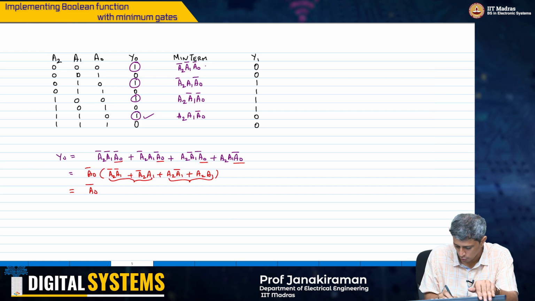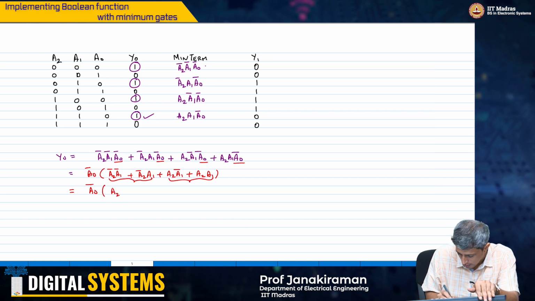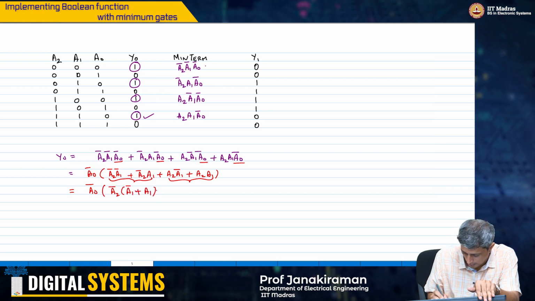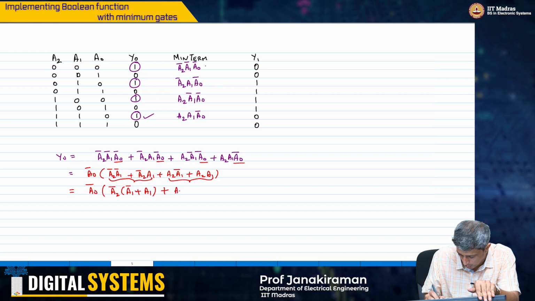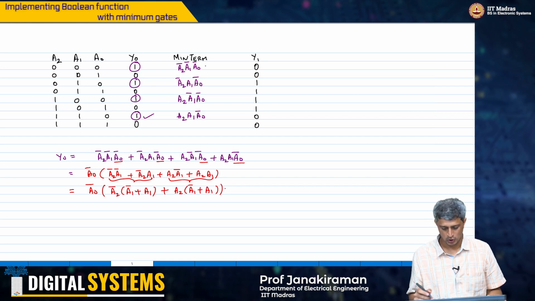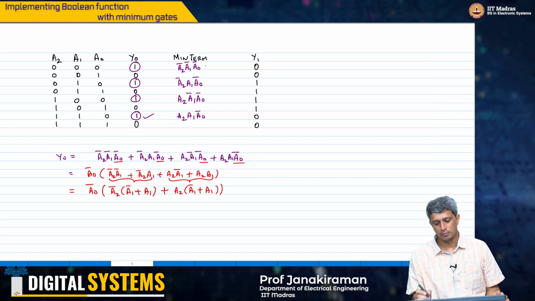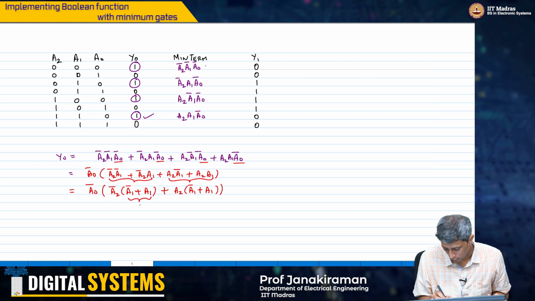In the first term, A2 bar is common: A2 bar into A1 bar plus A1, plus A2 into A1 bar plus A1. In both cases, A1 bar plus A1 we know reduces to logic 1.